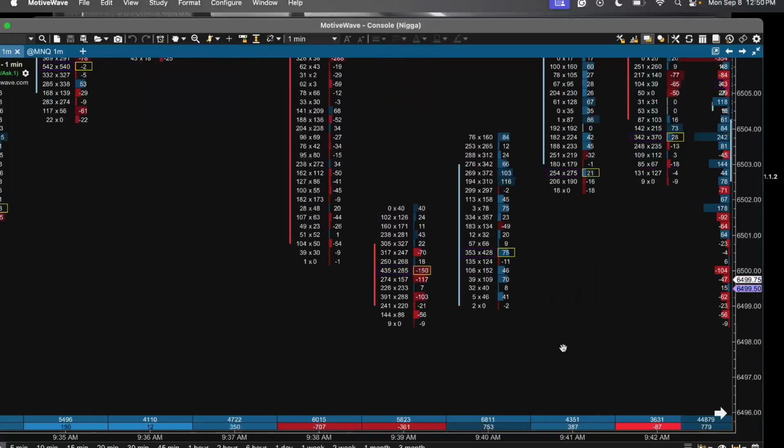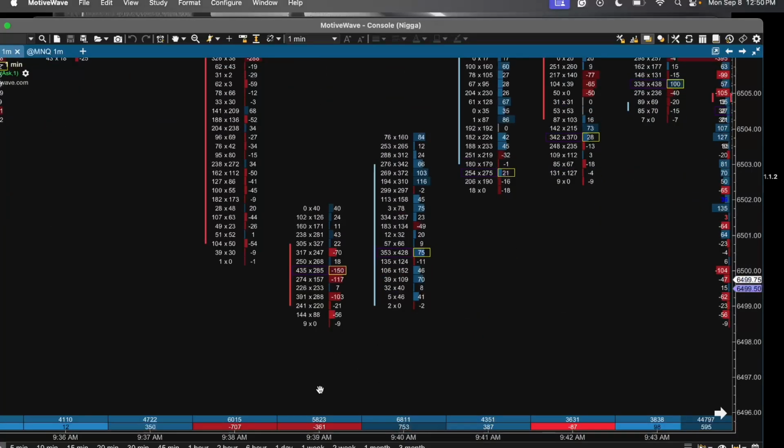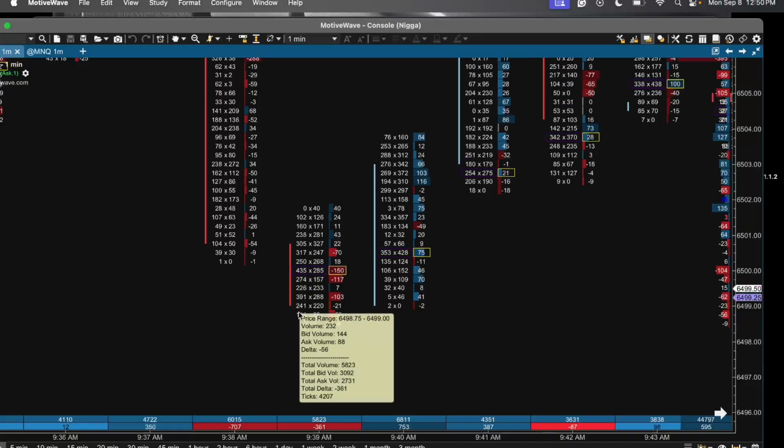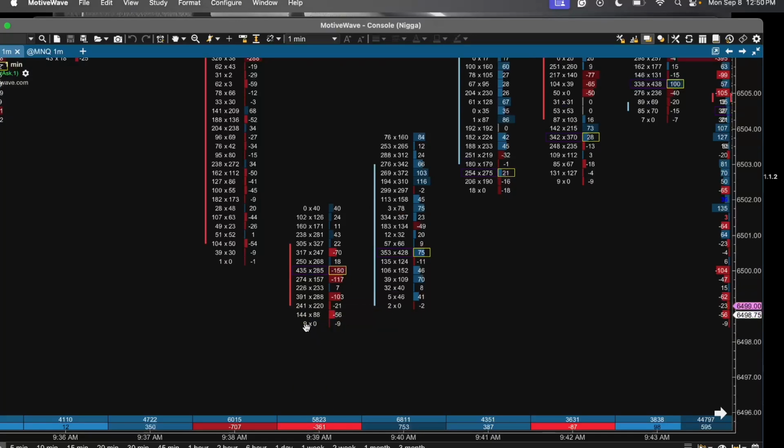Okay, actually right here, twice. So look at this exhaustion: 241 to 144 to 9. Remember, that's an exhaustion print. So not only do we have exhaustion with the 3 tick pattern, but we also have the exhaustion print, which is really strong in this candle as well. 50% drop off, and then we also have an exhaustion print when it's 9 or less.